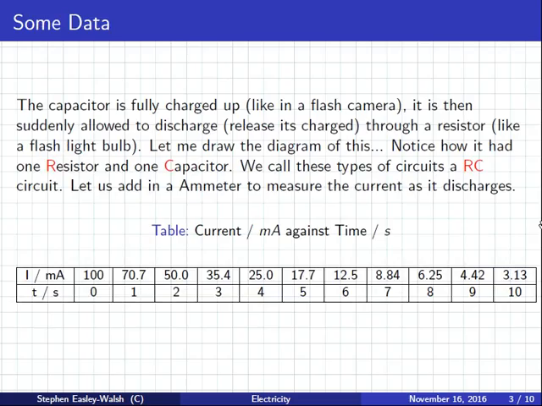I'll make this graph, and I would like you to make this graph. So what will we put on the X and what will we put on the Y? Current is on the Y and time is on the X. Let's draw that.